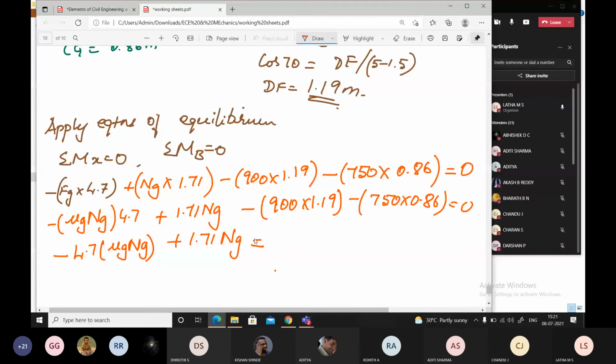Can you give me the value of 900 into 1.19, and 750 into 0.86? Should I calculate?